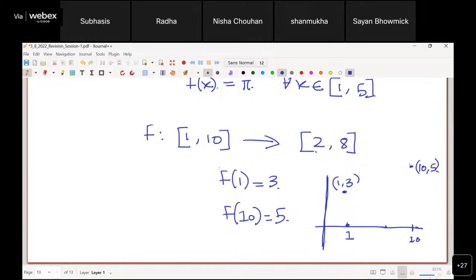Now you draw a line segment joining these; this is a continuous function. The image will be between 3 and 5, which is certainly inside 2 comma 8.